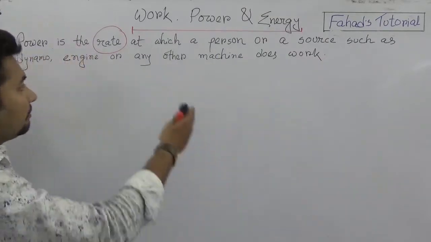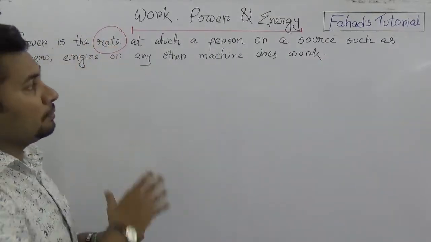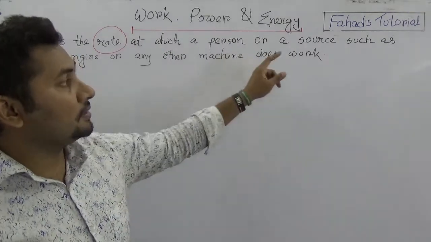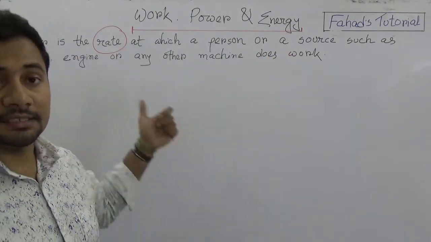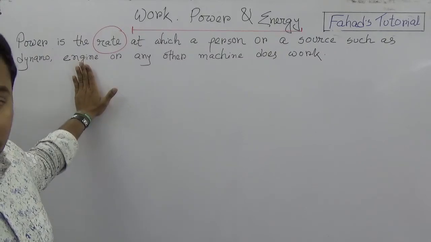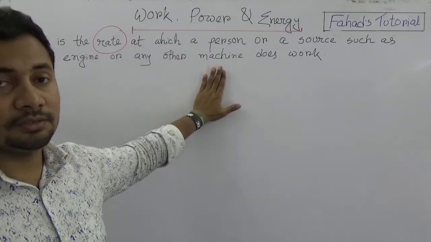I wrote in my books that power is the rate at which a person or a source, such as a dynamo, an engine or any other machine, does work.